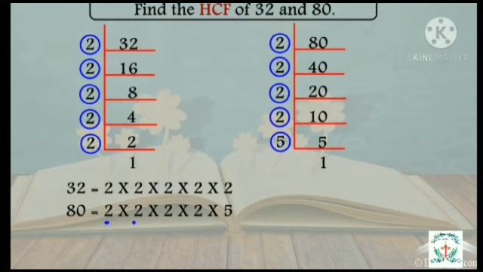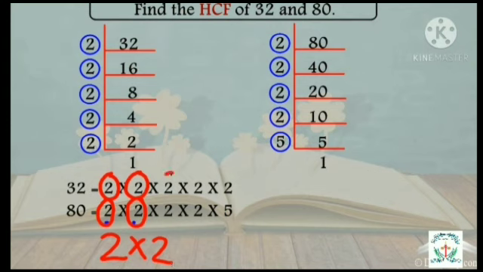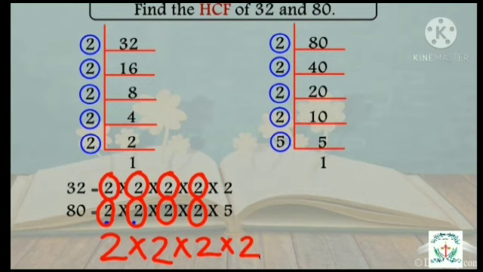Find the common factors of 32 and 80. 2 is common in both 32 and 80, so this is a pair. Again 2 is common in both, so this is another pair. 2 is common in both, so this is the third pair. 2 is common in both, so this is the fourth pair.